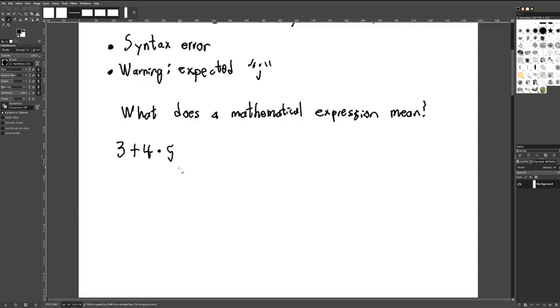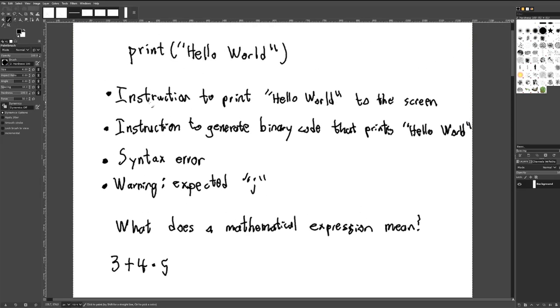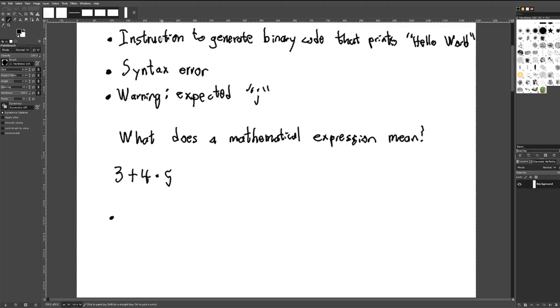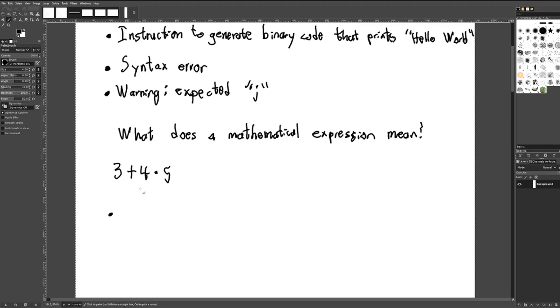What does this mean? One thing it means is that it's an instruction to produce a number. Just like this program is an instruction to do something, this is an instruction to produce a number, and this produces 23.